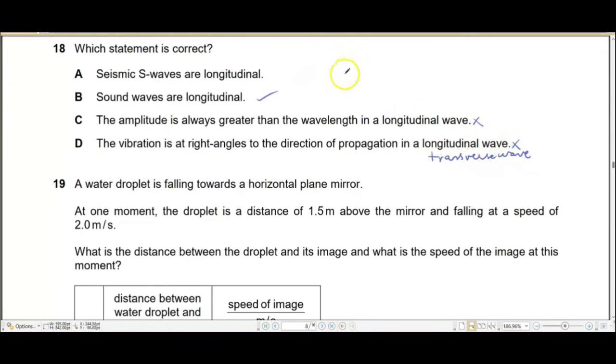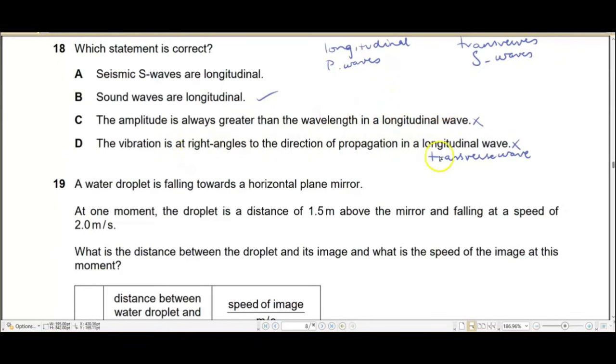There are two types of waves, as we know, longitudinal and transverse. Seismic S waves come under transverse waves, and the P waves come under the longitudinal waves. Sound waves are longitudinal, so this is absolutely correct. Amplitude being greater than the wavelength, not really, not in all circumstances, so this is not correct.